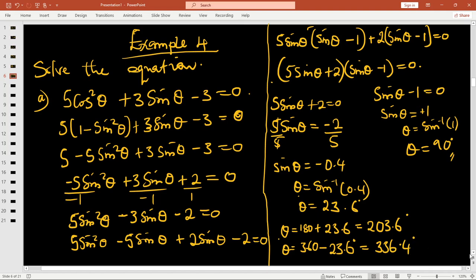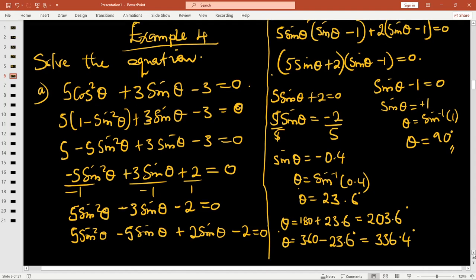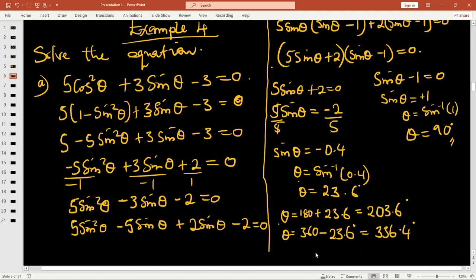So therefore now, the solutions for theta are simply 90 degrees, 203.6 degrees, and 336.4 degrees.